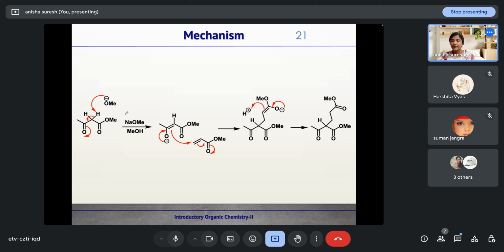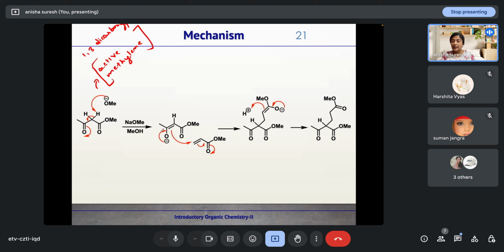So here NaOMe, the base will abstract this proton. This will be the most acidic proton, as this is an active methylene group, 1,3 dicarbonyl. So the base will abstract this proton, lead to formation of this enolate.